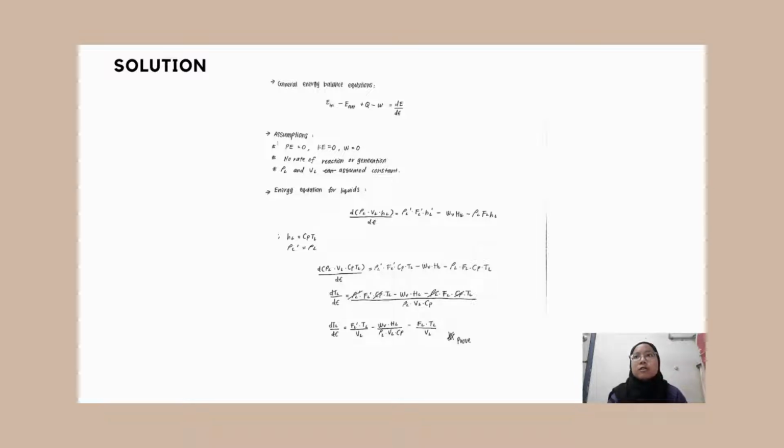Okay, so for the energy equation for liquids, as we can see here, the above and the below of the flash drum is the boundary condition for the liquid phase.